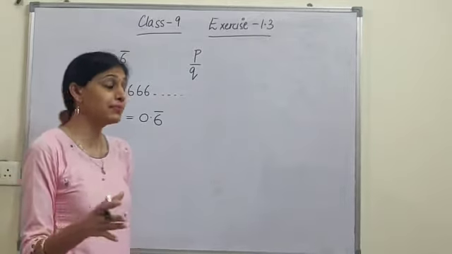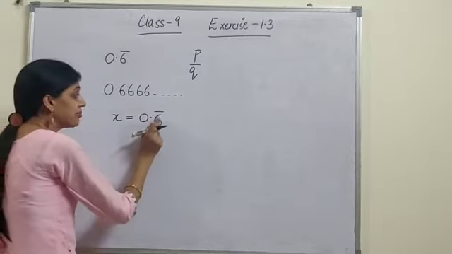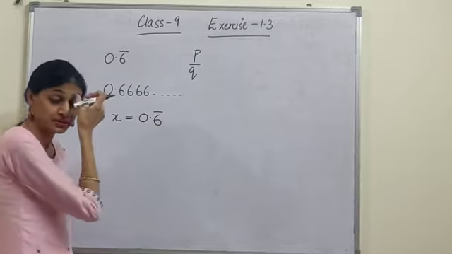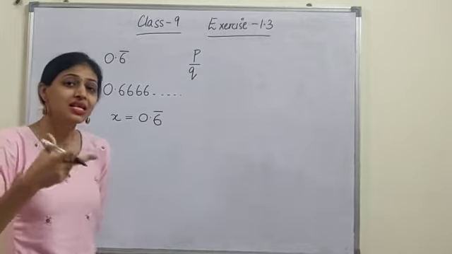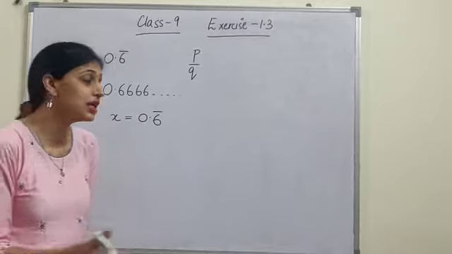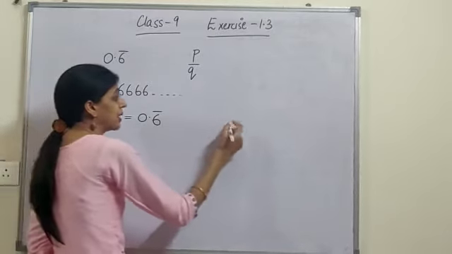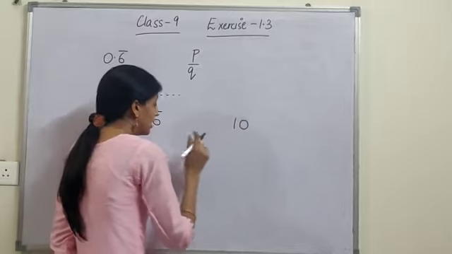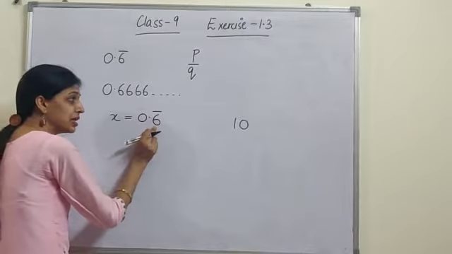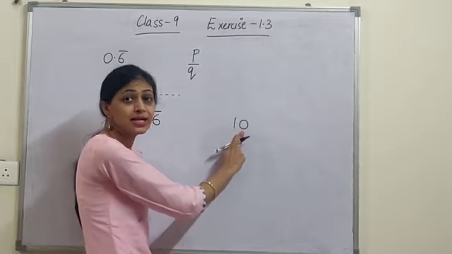Now, the next step is, if the bar is on a single number, that means a single number is repeating again and again, so we have to multiply both sides by 10. The bar is on a single number, so there should be a single zero.